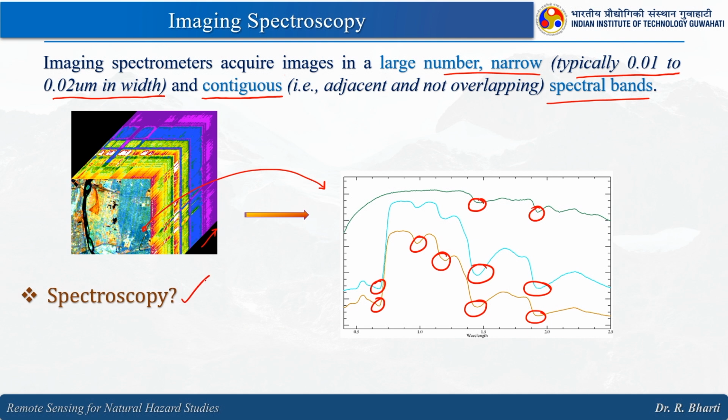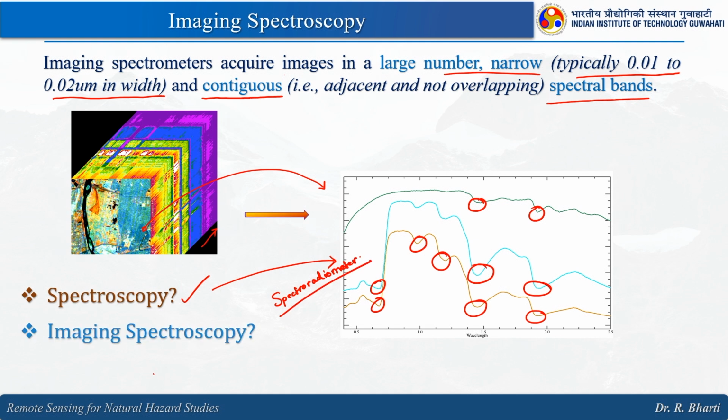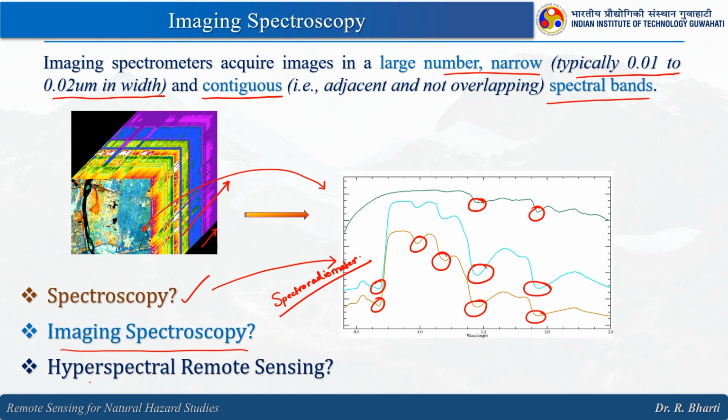Spectroscopy is when we have only this kind of measurement coming from the spectroradiometer. But when we talk about satellite images with the hyperspectral remote sensing configuration, we call it imaging spectroscopy or hyperspectral remote sensing.